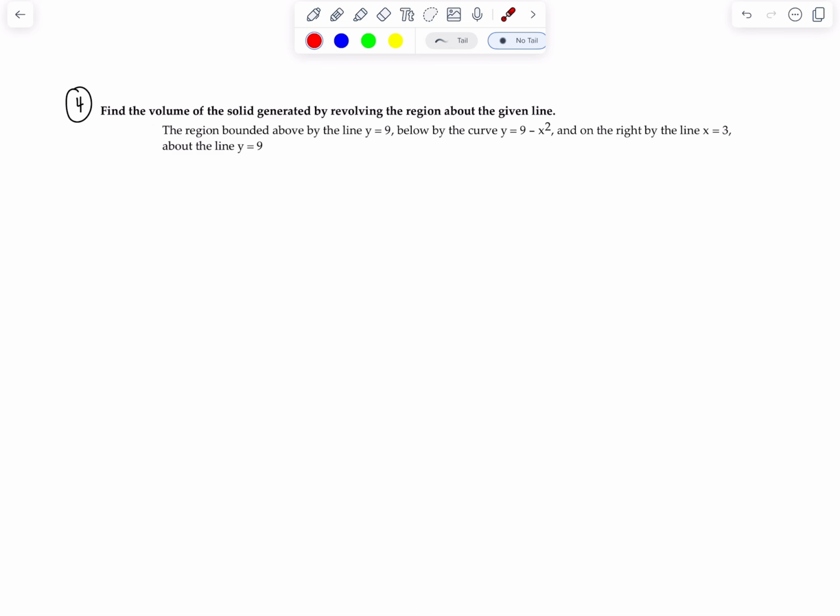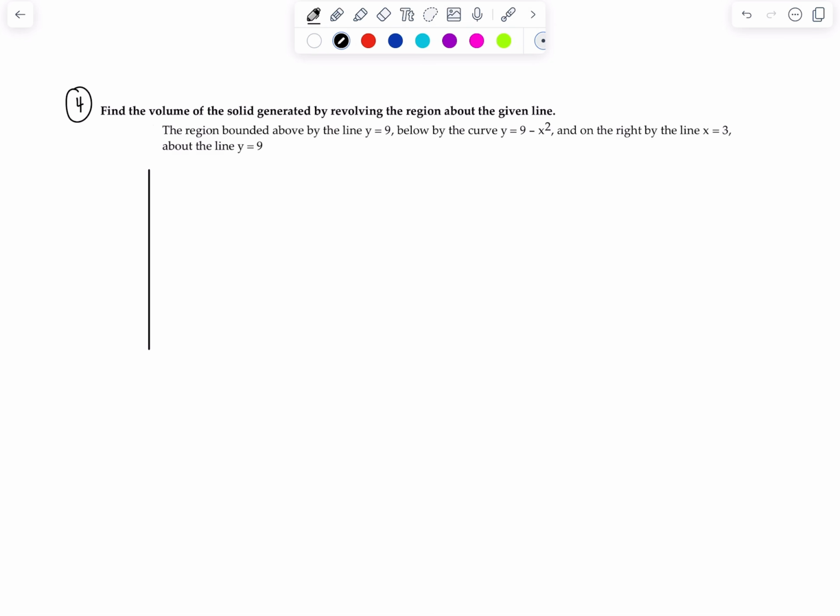The region bounded above by the line y equals 9, below by the curve y equals 9 minus x squared, on the right by the line x equals 3, and we're spinning it about the line y equals 9. I know, you're like, when did math turn into reading comprehension class? It kind of always was, yeah. So let's see. We're bounded above, so that's the upper bound on the region, y equals 9.